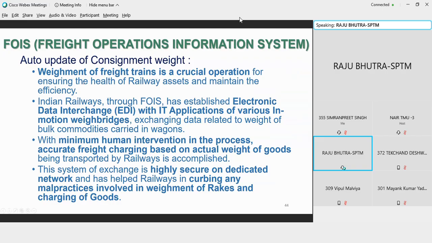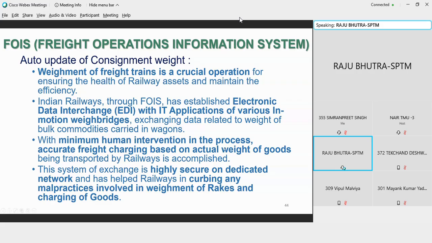Auto update of consignment weight. The payment of freight charges is a crucial operation, as I have already told you. Indian Railways through FOIS has established EDI with IT applications of various in-motion weighbridges. All the in-motion weighbridges have their own IT application, and EDI with these applications has been done.